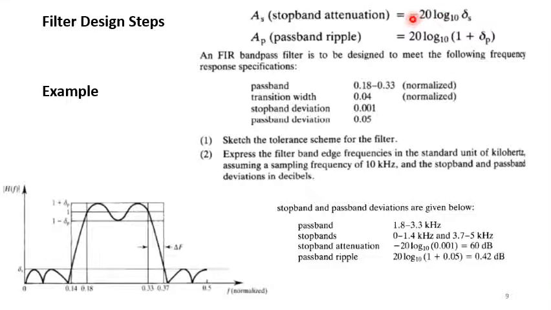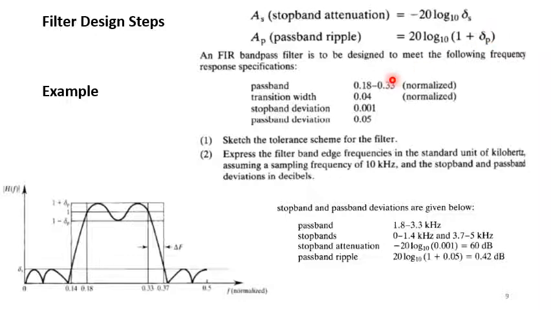Because it refers to attenuation, we use minus 20 log of sigma s, the stop band attenuation. Similarly for the pass band, we use 20 log of 1 plus sigma p.